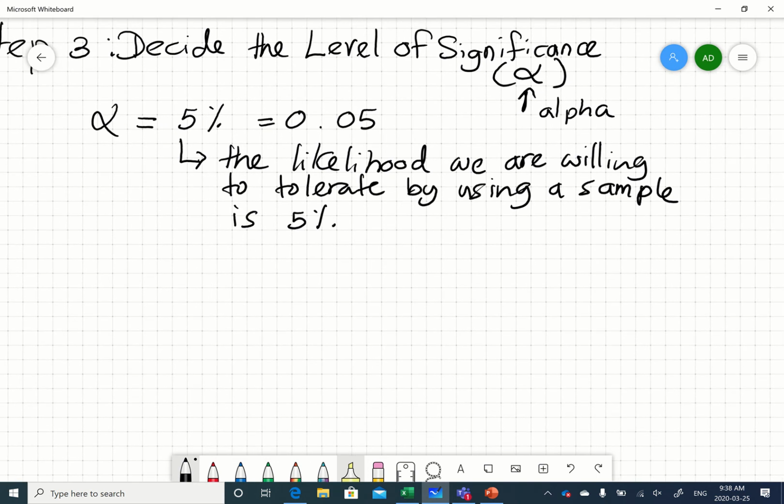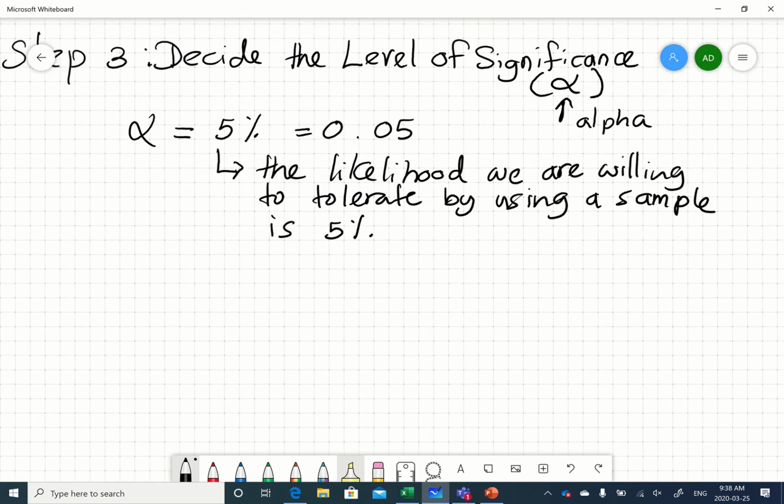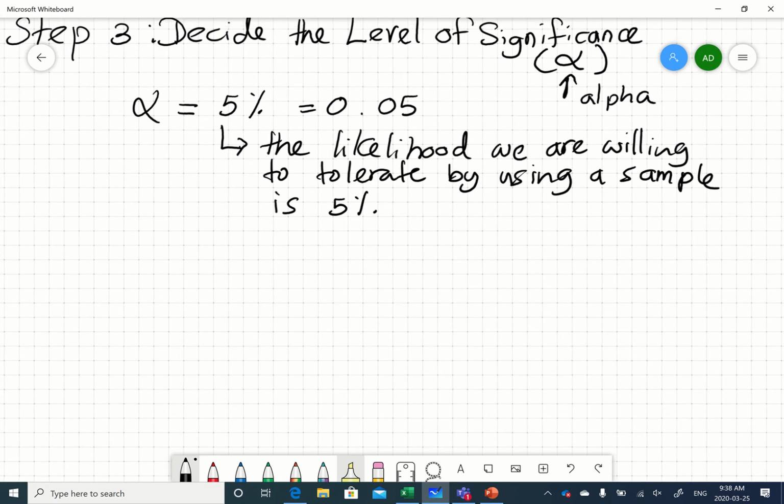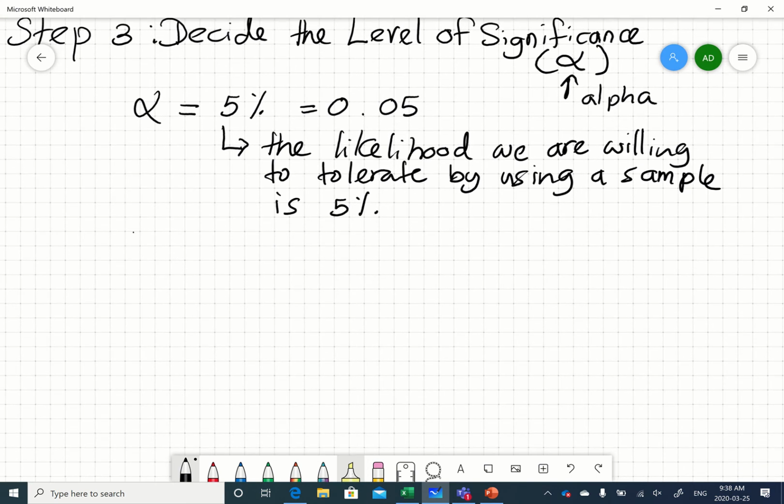So that means there's a 5% chance that you make a wrong conclusion. I'm only willing to tolerate a 5% chance. That's the idea.